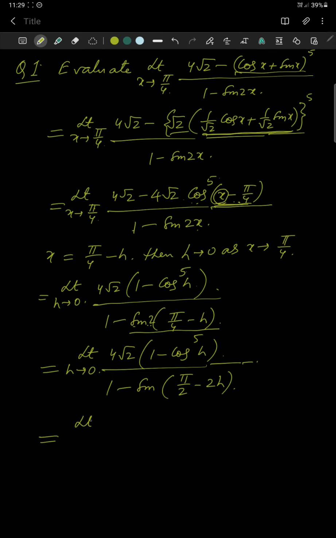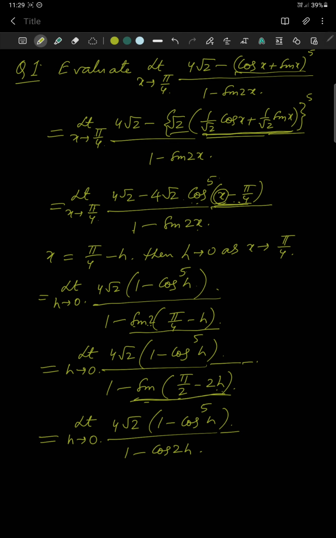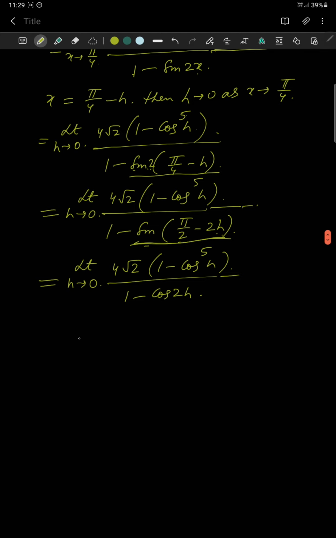Finally this becomes limit h tending to 0 and 4 root 2 (1 minus cos 5h) whole divided by this. Are you finding that it is nothing but sine (90 minus theta), so we can write this as cos theta, meaning cos 2h. So 1 minus cos 2h. I hope till this point it is clear to all of you.